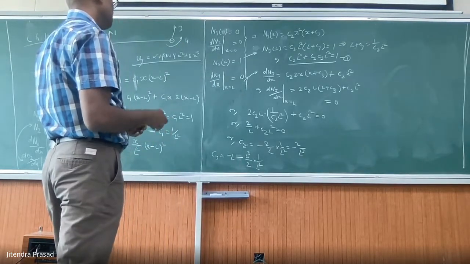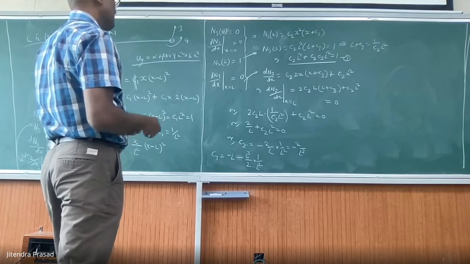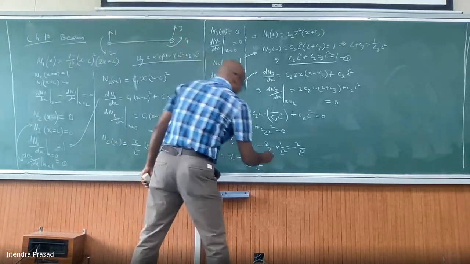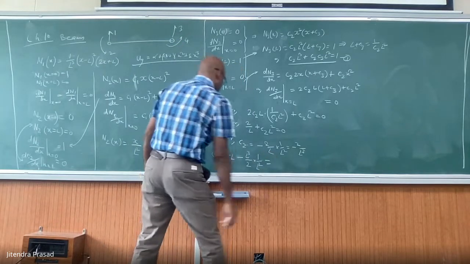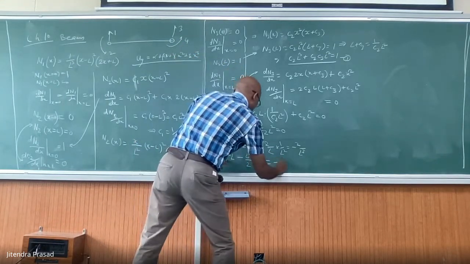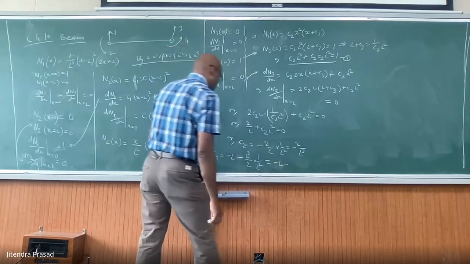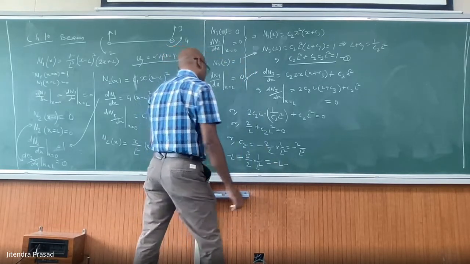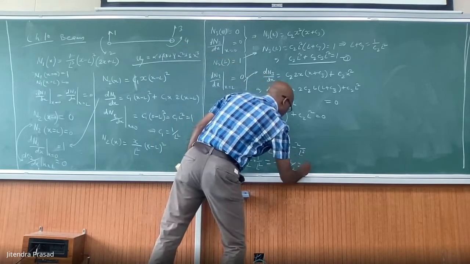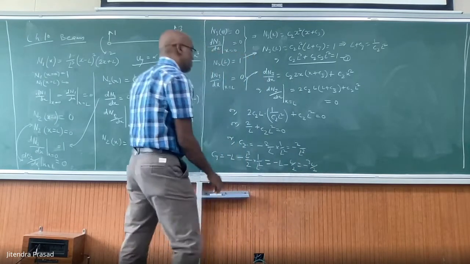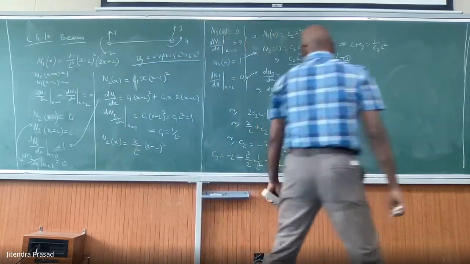And that becomes minus L minus L over 2. So minus 3L over 2.